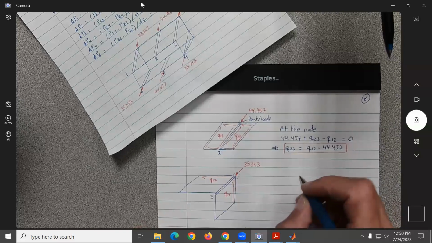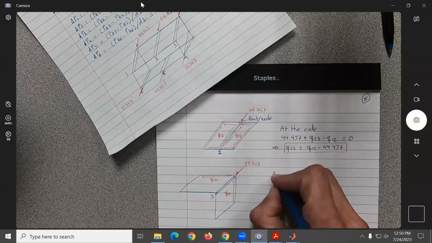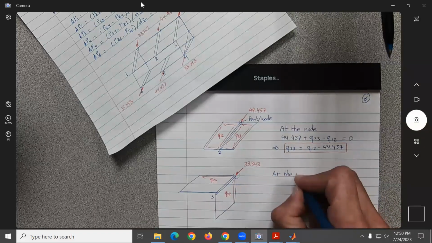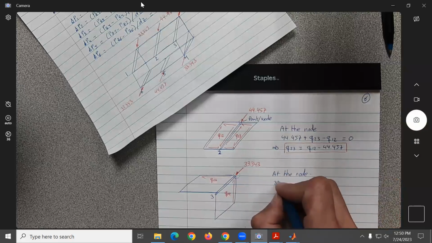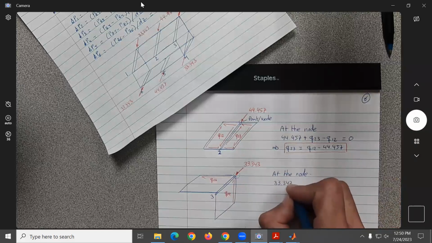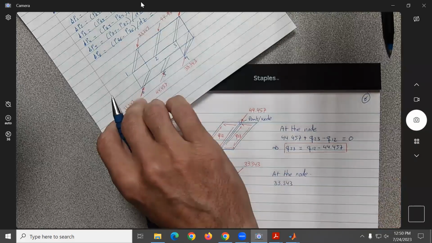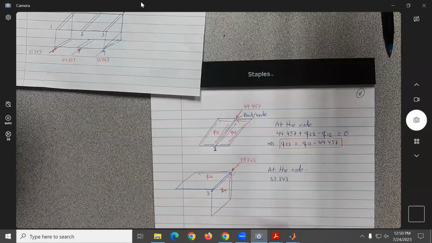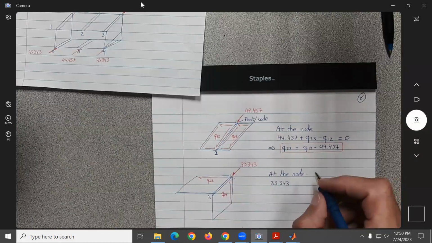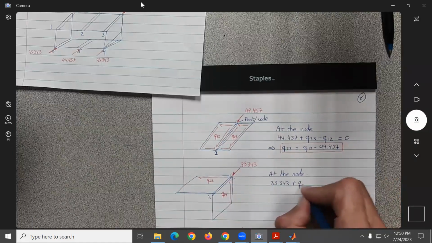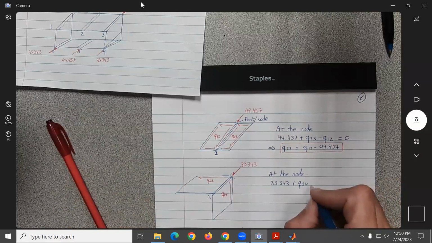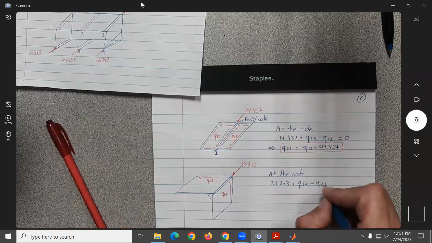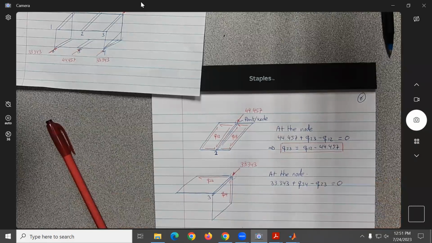And the same thing, we say at the node or point, okay? We have what? 33.343 plus Q34 minus Q23 equal to 0.